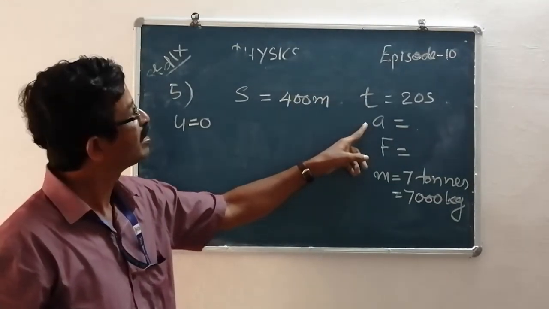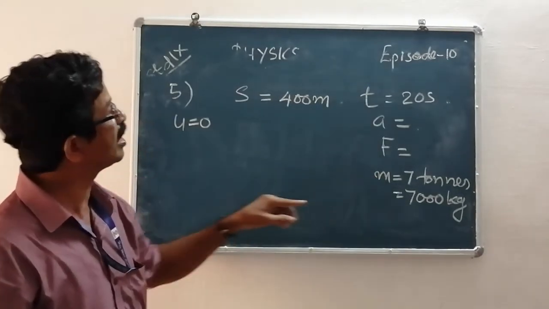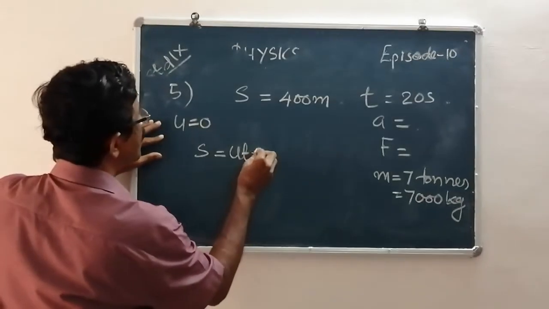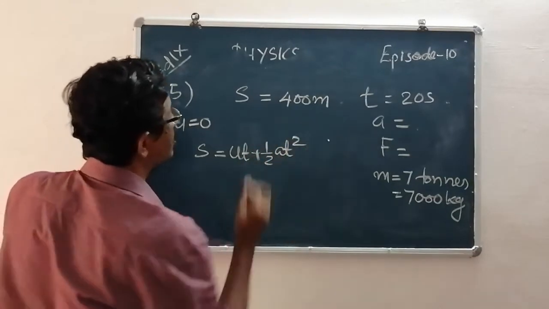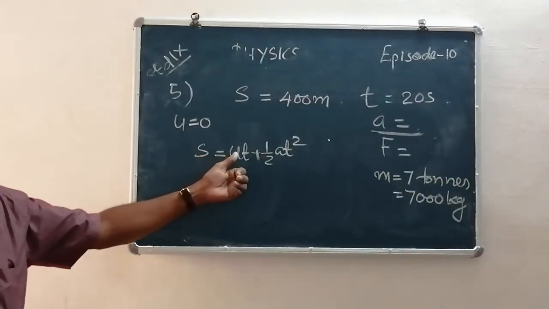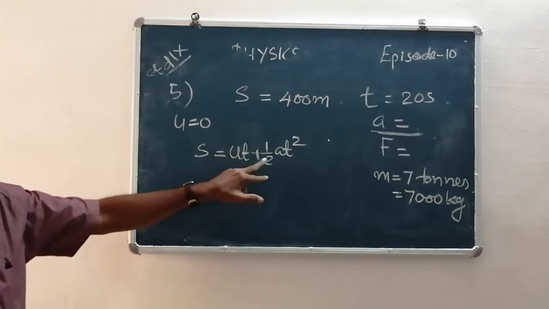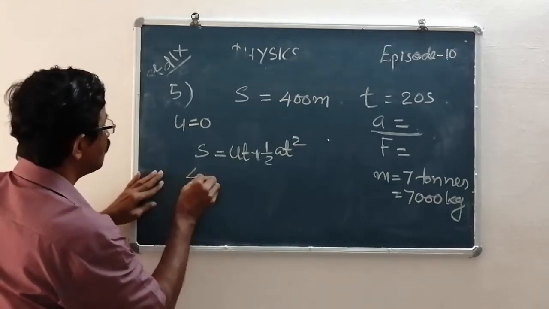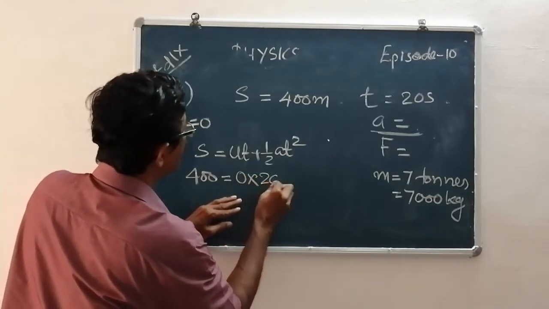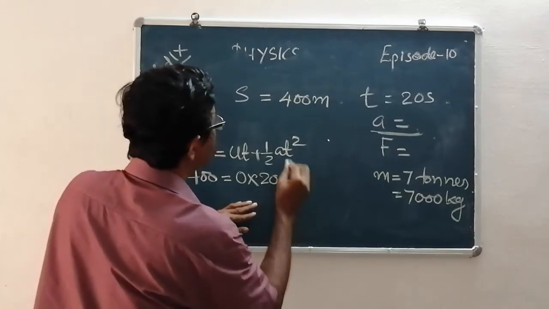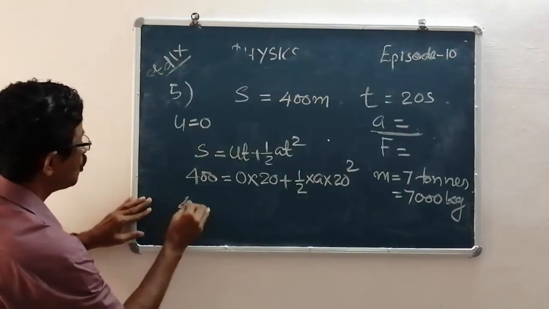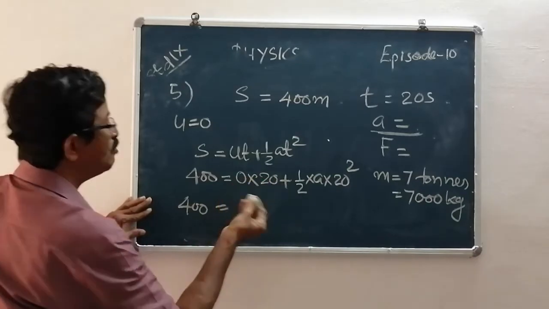From the relation F equals ma, which relation can we use? S equals ut plus half a t squared. From this we get a. Here s is 400, which equals u, which is 0, times t, which is 20, plus half a times t, 20 squared. The term multiplied by 0 we can avoid.